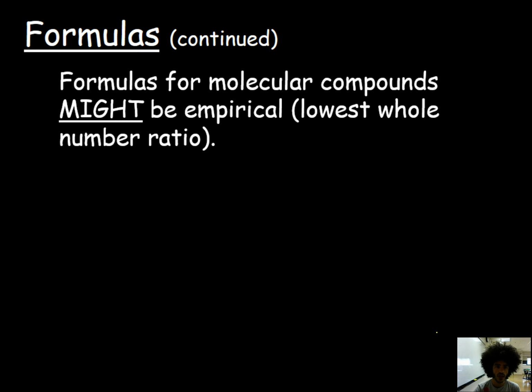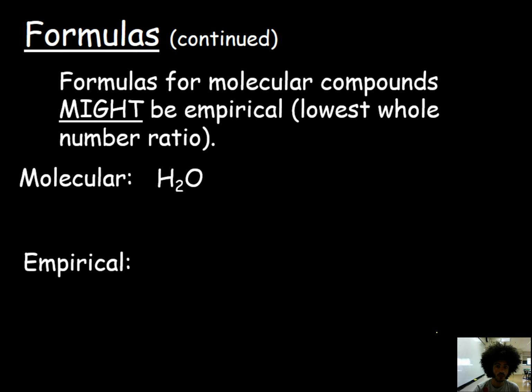Molecules are a bit different. So if you've got a molecule, they might be empirical, they might not. It depends on what numbers you have. So for example, if we consider H2O and we try and simplify that ratio, we actually can't because the smallest number we have there is 1 for oxygen, so it's going to stay as H2O.